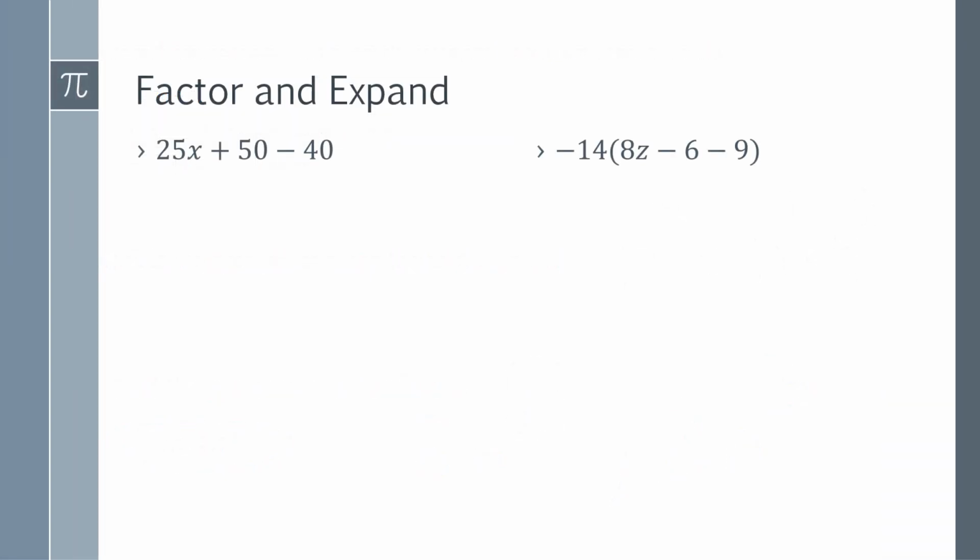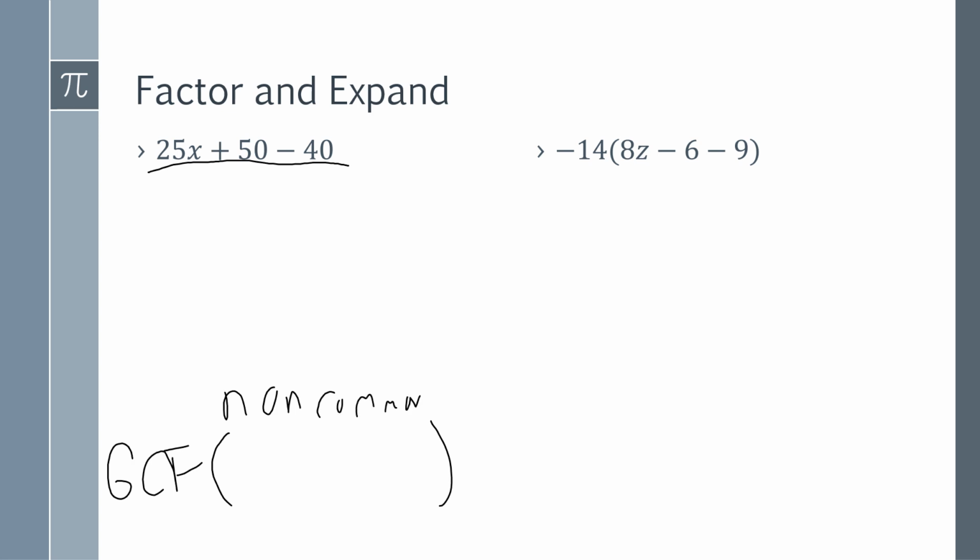All right, I want you guys to try these few problems out on your own. Now remember, factor and expand are opposites of each other. So when you see a formula like this, your GCF has to be outside your parentheses, and then your non-commons have to be in here.